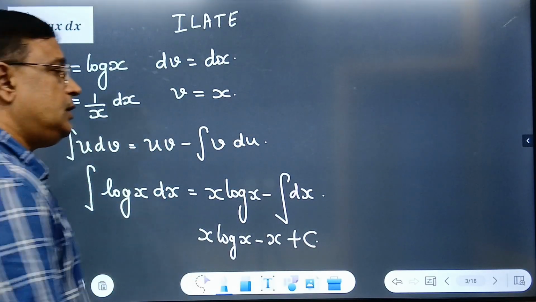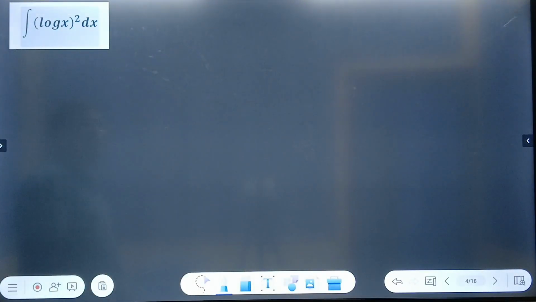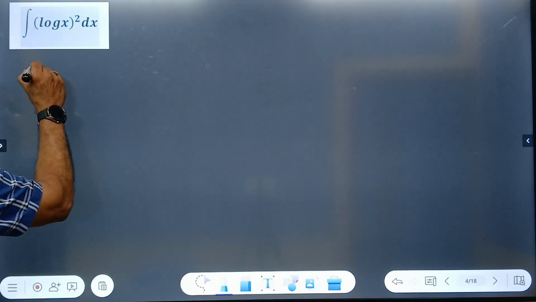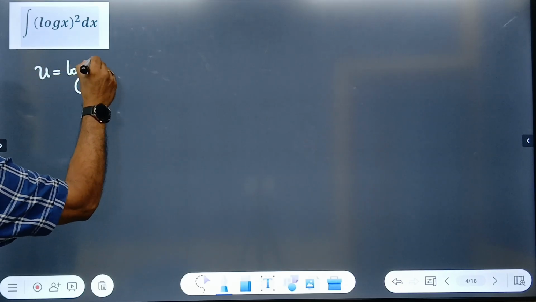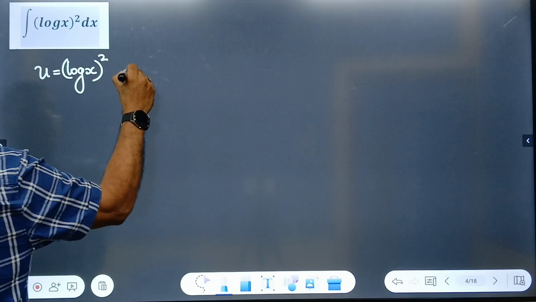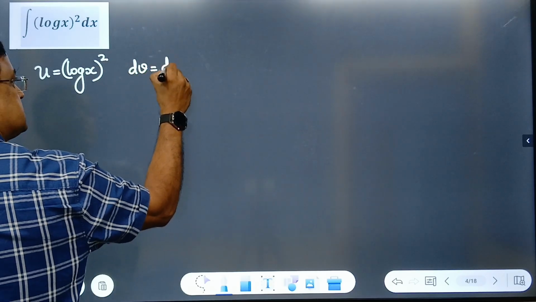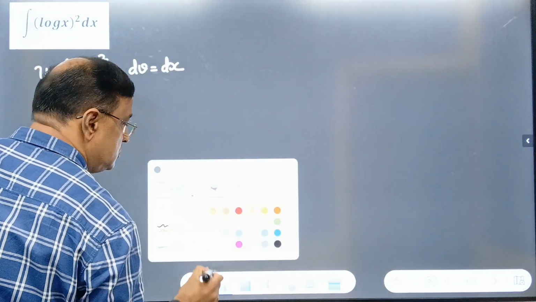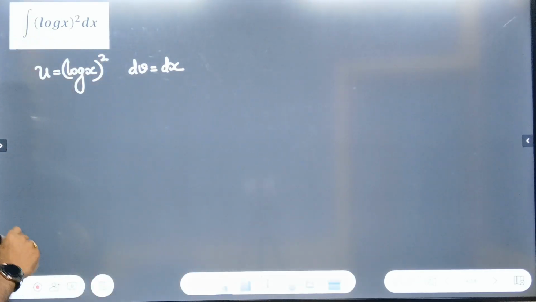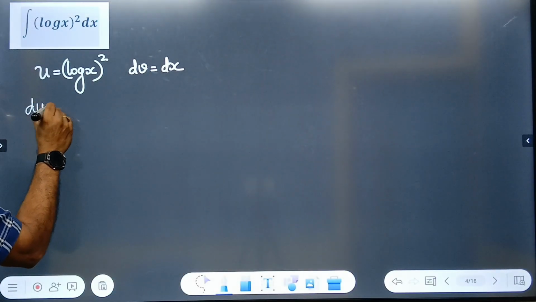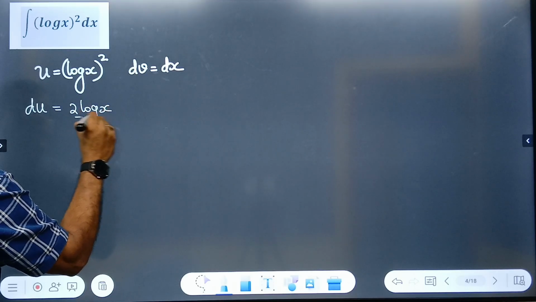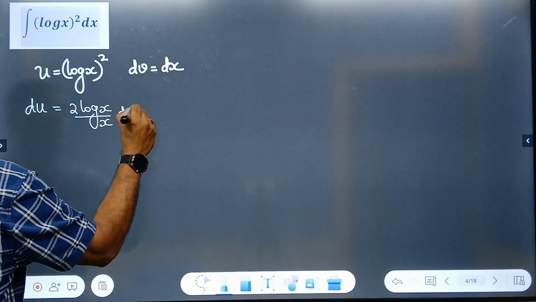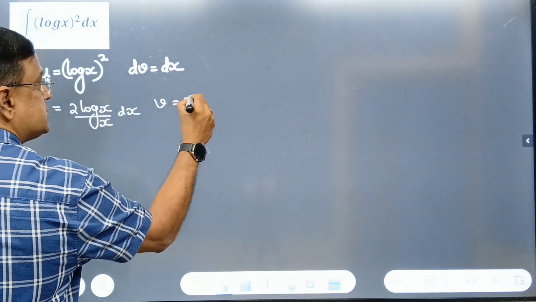Let's go to the next question. How to integrate (log x) the whole square dx? Here again I choose u as (log x) the whole square because it is a logarithmic function, and my dv is dx. Now what is du? du is 2 log x by x dx, and v is nothing but x.